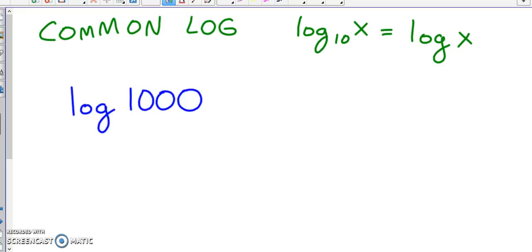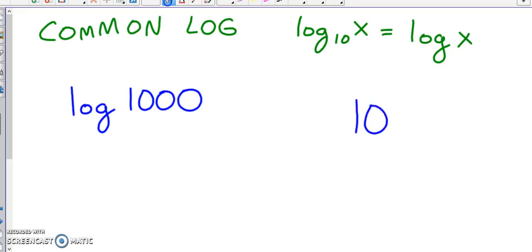This would be something I'd expect you to be able to do without a calculator. The log of 1,000. What question would I have to ask myself to figure that out? What's the base understood to be? 10.